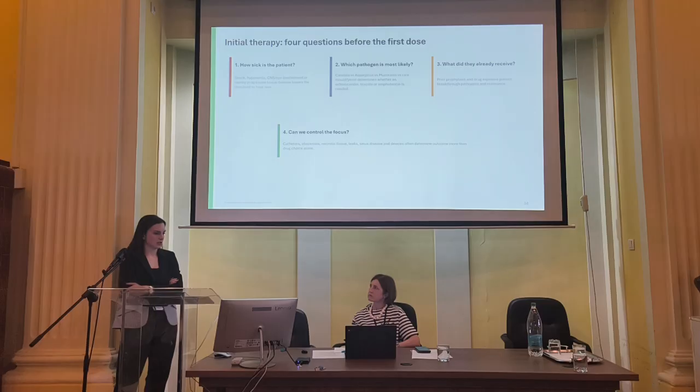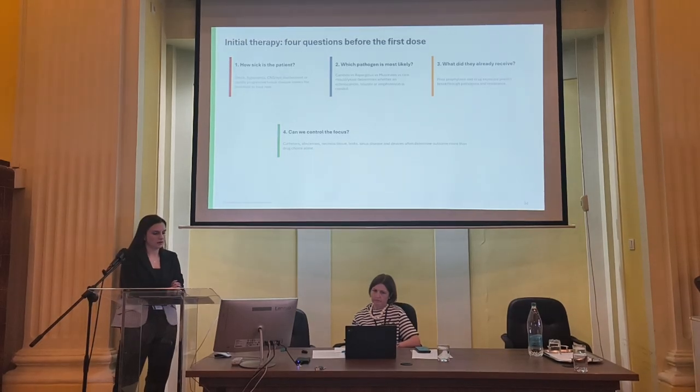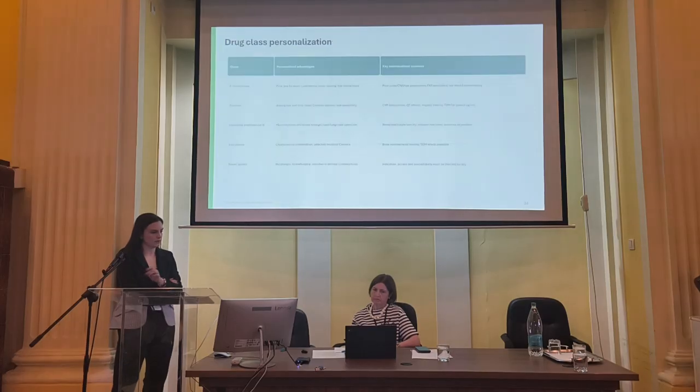Which pathogen is most likely to be the cause of disease: Candida, Aspergillus, Mucorales? What has the patient already received, and can we control the focus? Some central vein catheters, sepsis, some necrotic tissue.